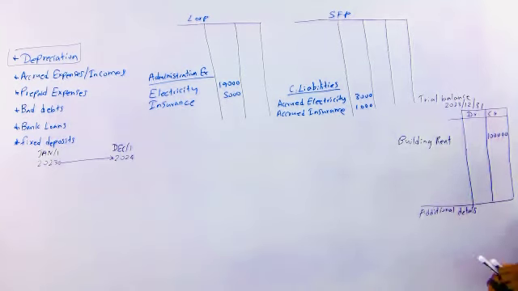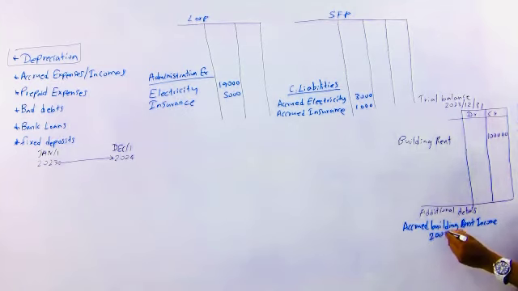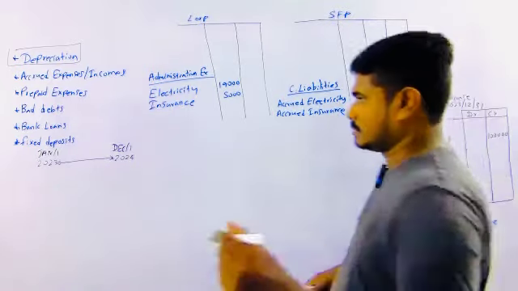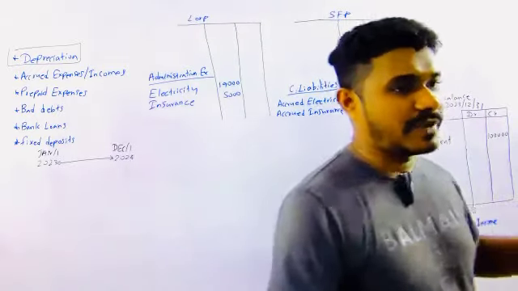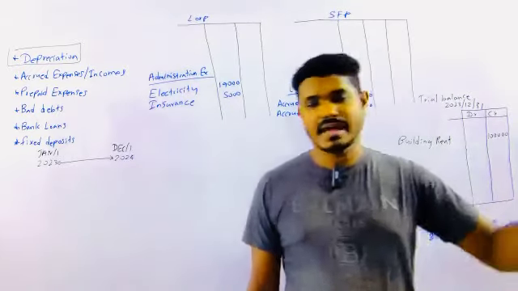It means building rent here is an income, right? And in the additional details, they have mentioned accrued building rent income, 20,000. So it means, before, it was an expense we had to pay, and we had another remaining amount to pay.